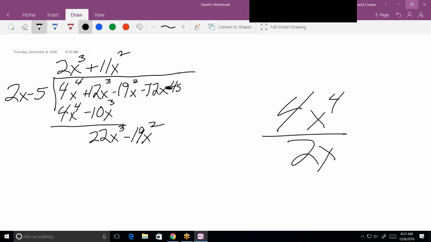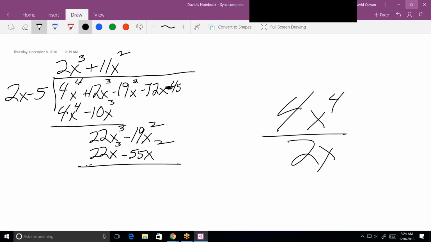Now, what do I write down here? 22x cubed minus 55x squared. Now subtract. Negative 70.